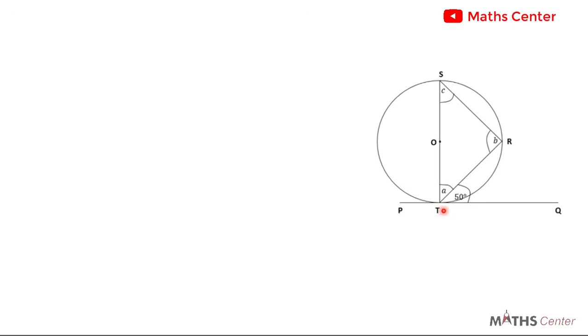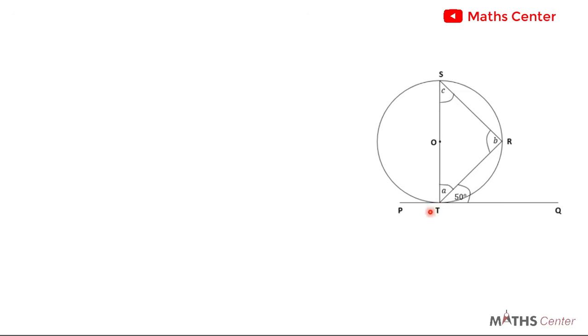We can also see that PQ, or the line PQ, is a tangent to the circle at the point T. So PQ is a tangent to the circle at the point T. In the previous video, we explained what a tangent is.